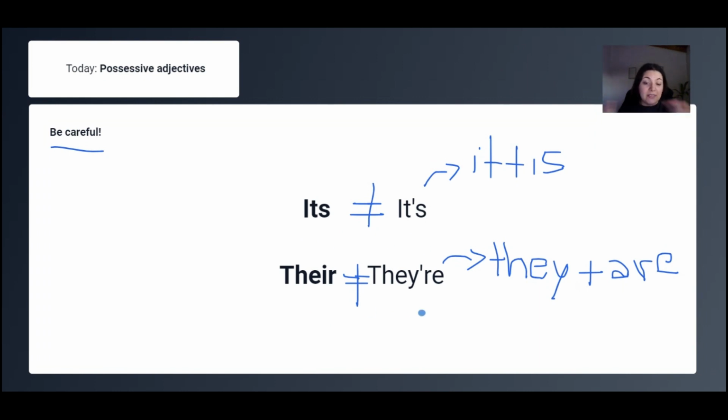These word categories are different, but the pronunciation is also different. So, although we may confuse the last two words, they are highly different. Okay? So, let's now do an activity in which you need to decide if it's its or they're and their.